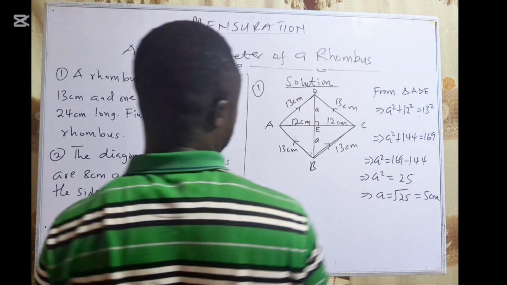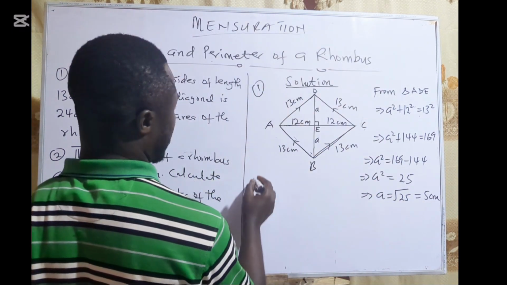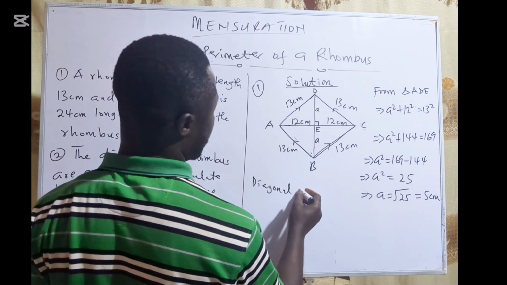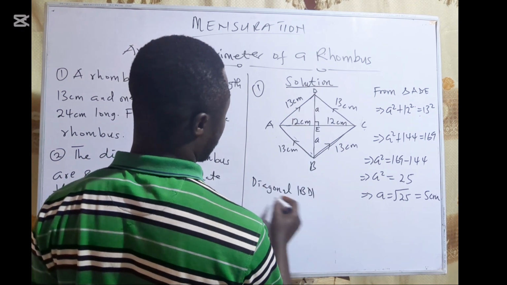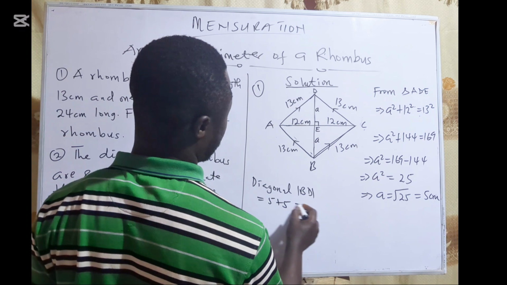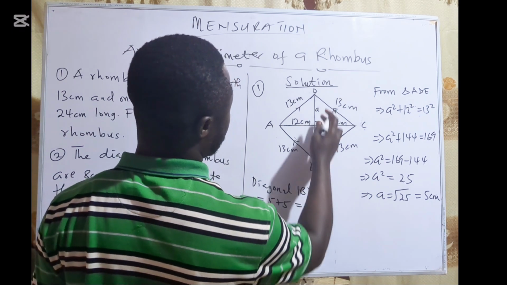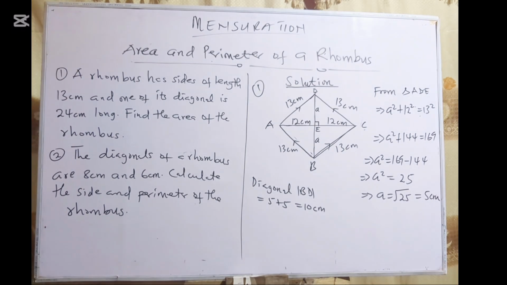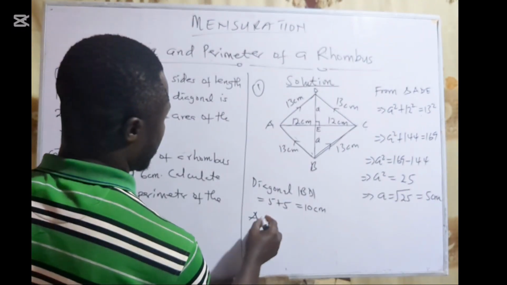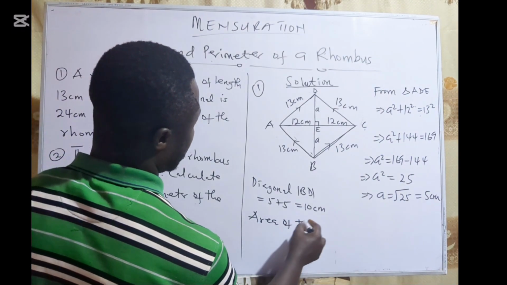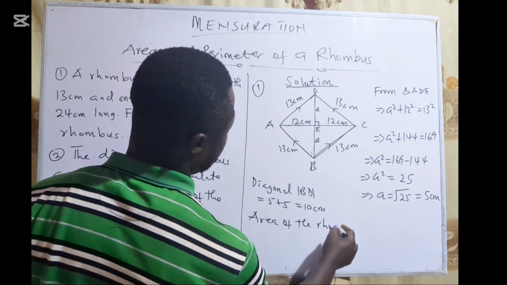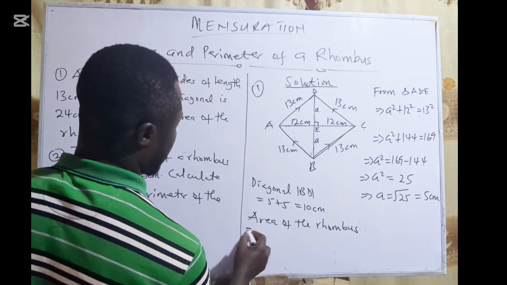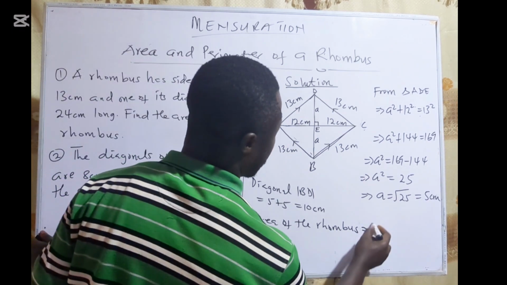But the entire diagonal BD will be equal to 5 plus 5, that is 10 centimeters. If here is 5, here also is 5. So if that is the case, then what will be the area? Therefore, area of the rhombus. You know, the area of a rhombus is half times the product of the diagonals.